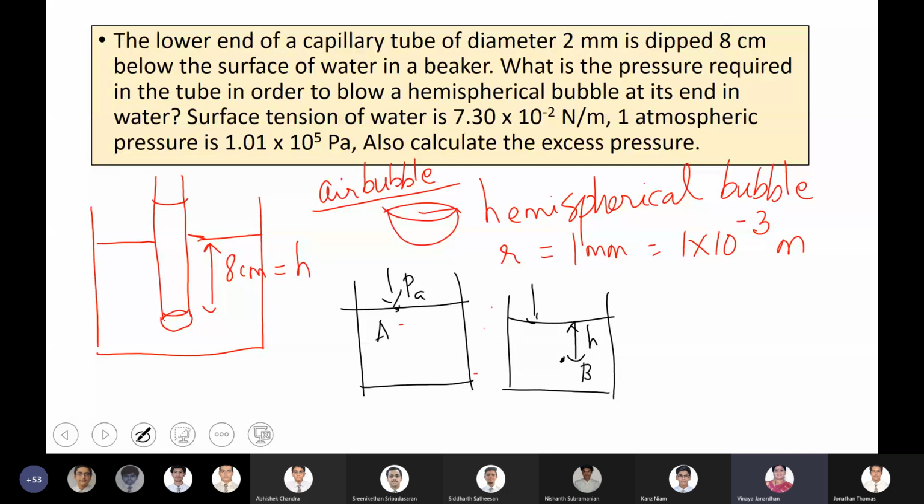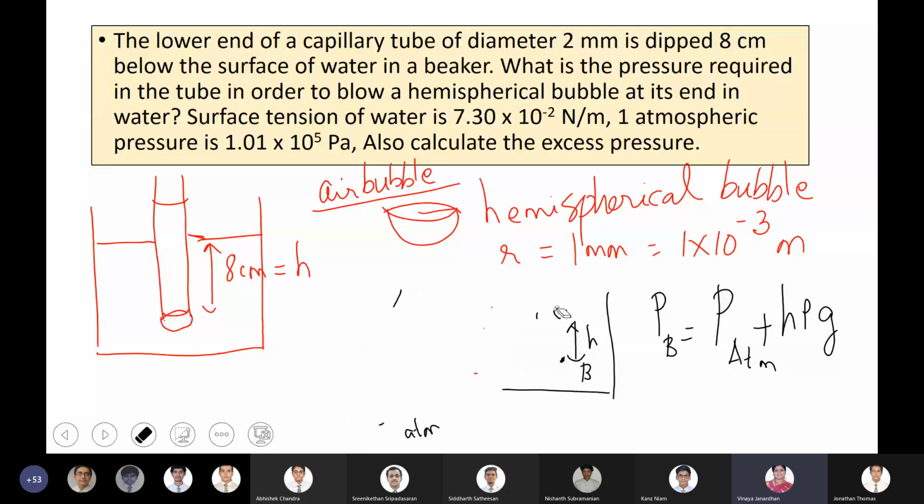One is the atmospheric pressure. So pressure at point B will be atmospheric pressure plus the pressure exerted by the height of the liquid h above point B. Here the pressure at point A will be P atmosphere. Here it will be P atmosphere plus h rho g. This concept you should be clear.